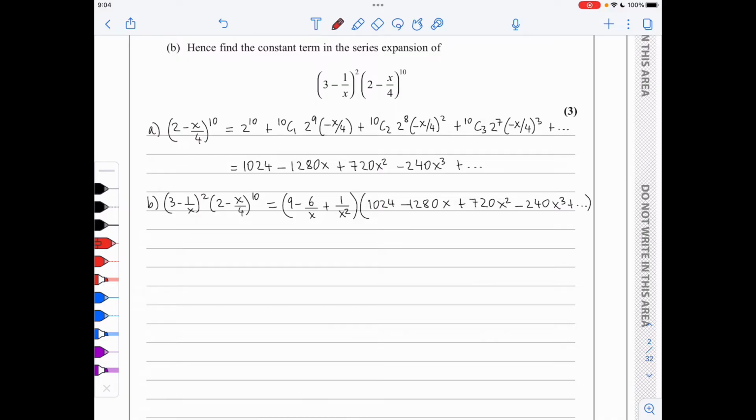Well, the constant term can arise out of a constant times a constant, the over x times x and the over x squared times x squared terms. So this is the only thing we need to consider.